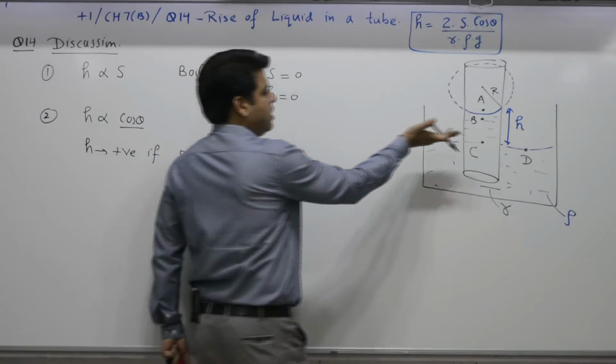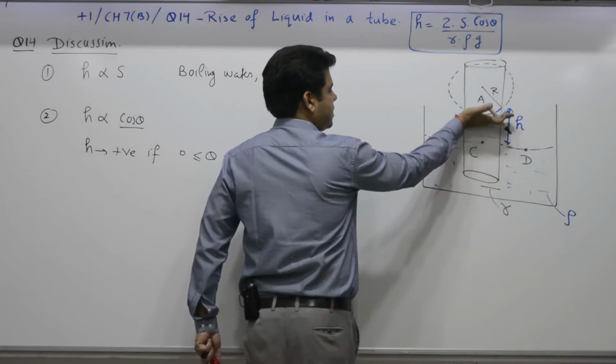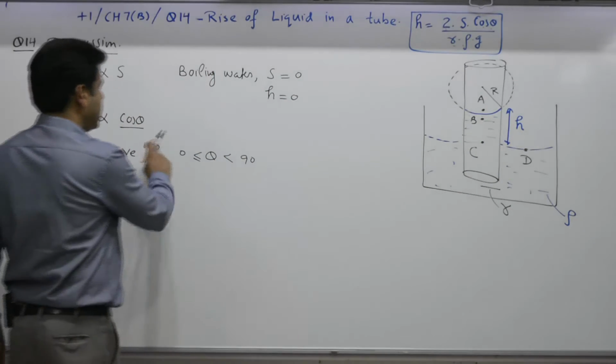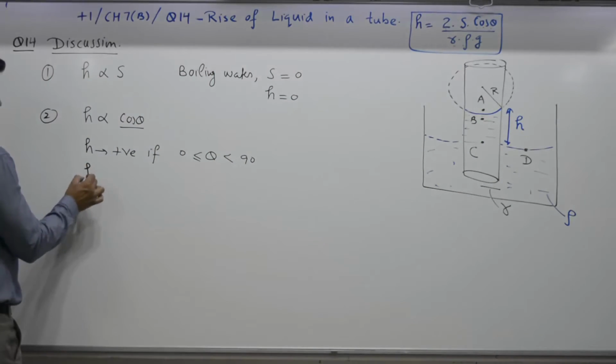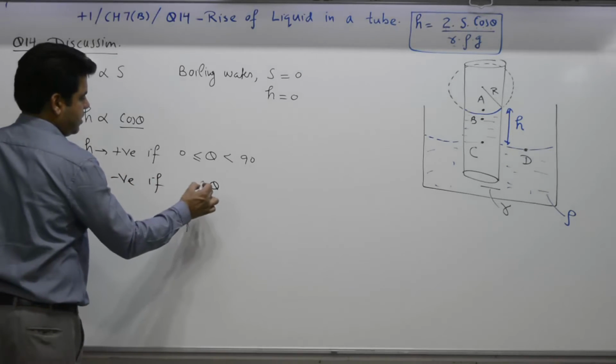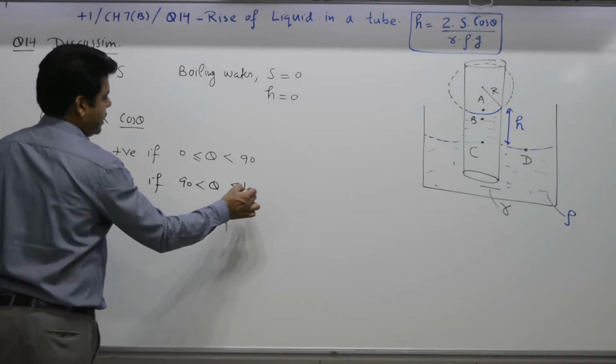So liquid will rise above this level if theta lies between 0 and 90. h is negative if theta is more than 90 but less than 180.